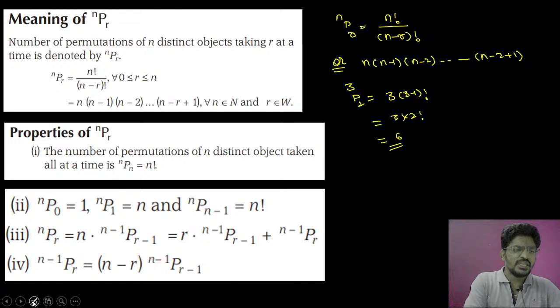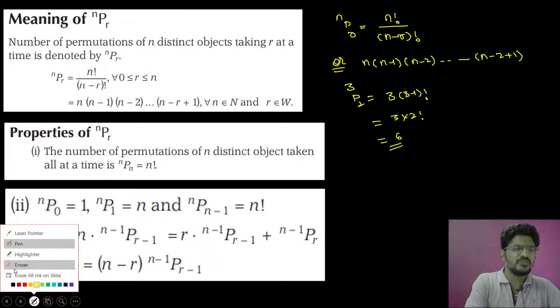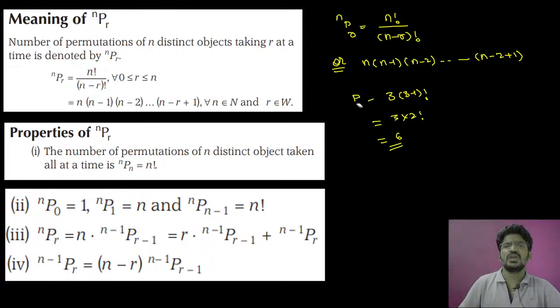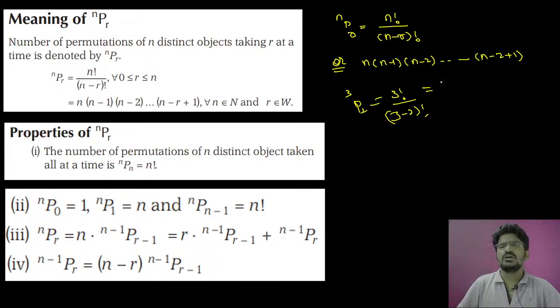So now you can use the nPr formula. You can use the nPr formula and write 3P2. 3P2 is how much? That is 3 factorial divided by 3 minus 2 factorial. So that will be 3 factorial divided by 1 factorial. So 3 into 2 into 1.